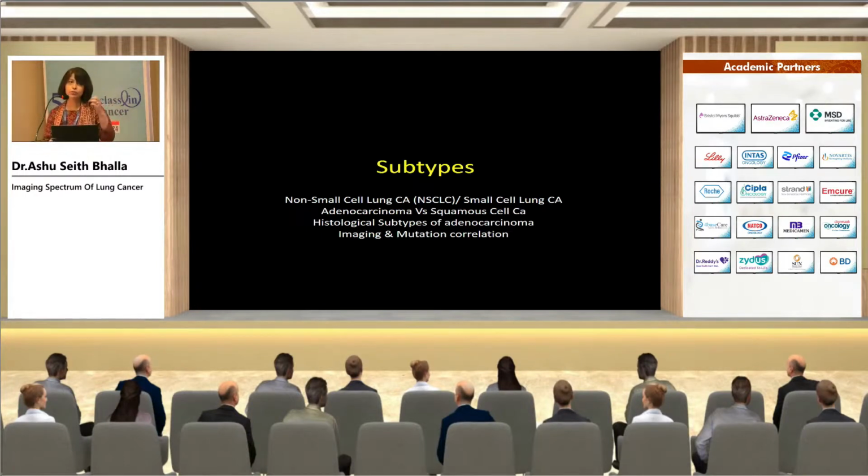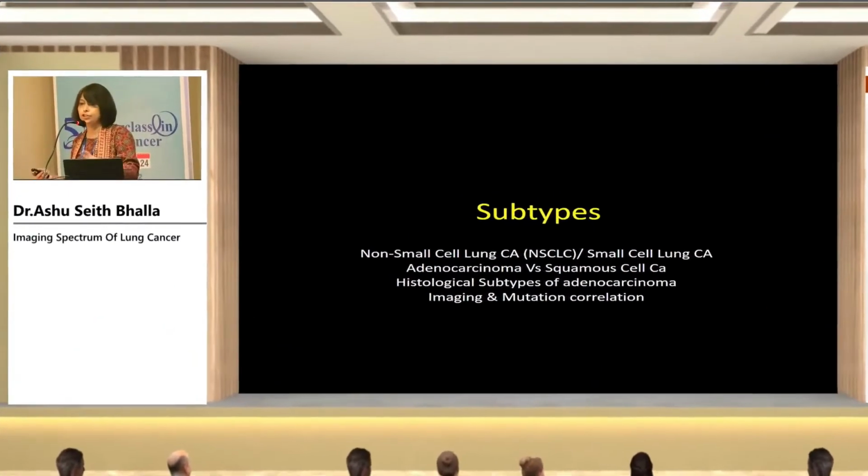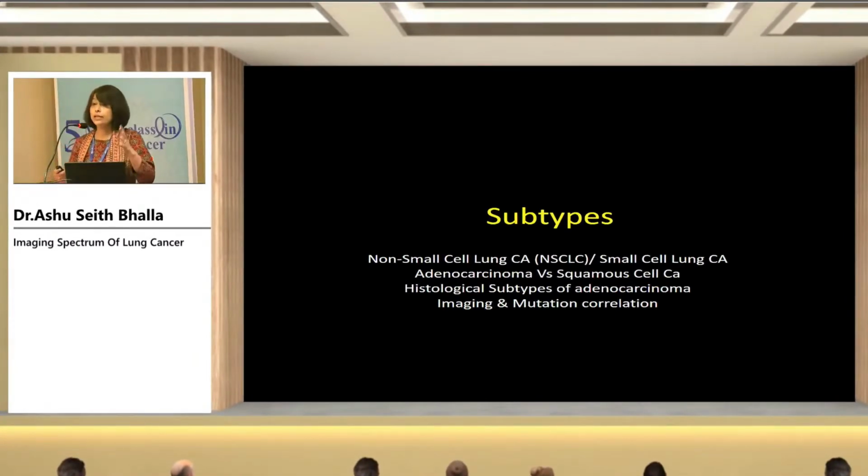But now I'm going to address the issue of once having diagnosed CA lung, as we move into the era of radiomics, how much machine-based or human-based feature extraction can actually help in subtype prediction. And is subtype prediction your role at all? It is, because even after the histopathology, many times the histopathologist can also have a dilemma.